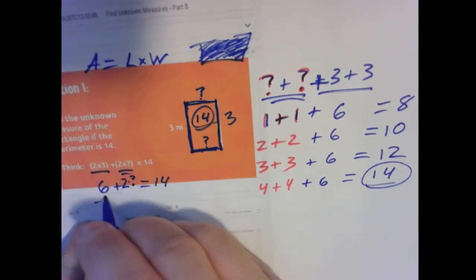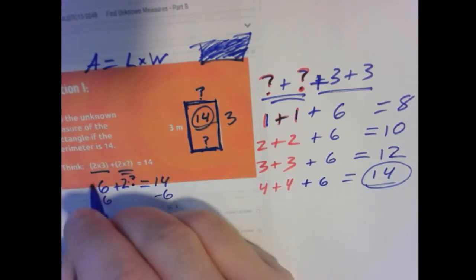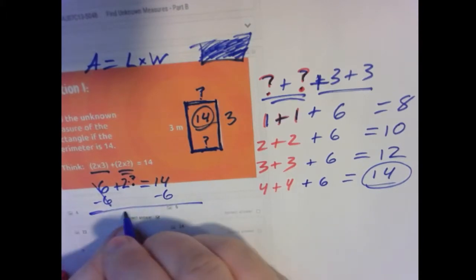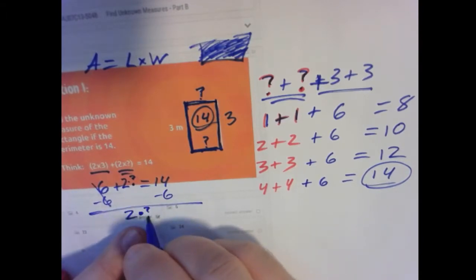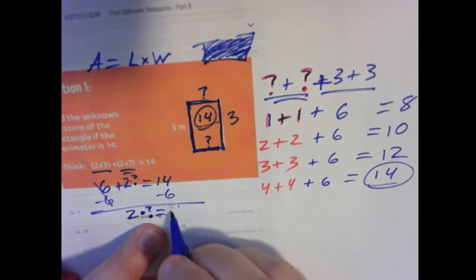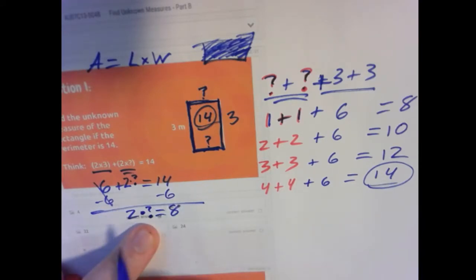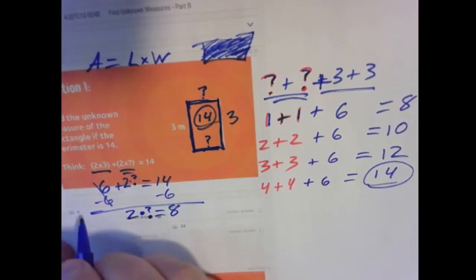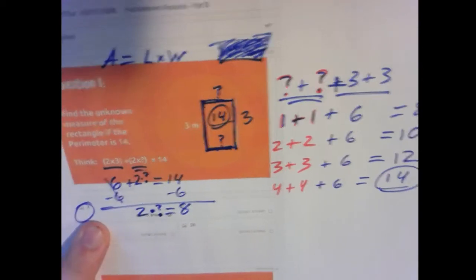So if we subtracted 6 from both sides, then we'd have 2 question marks equals 8. So this makes it a little easier now. 2 times what equals 8? Well, that would be 2 times 4 equals 8. And that's the answer there, 4.